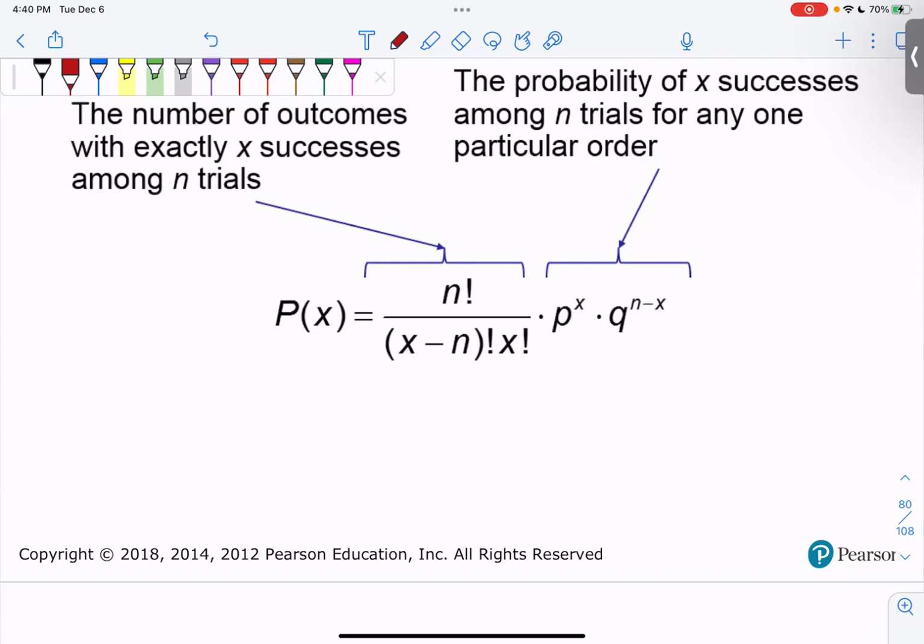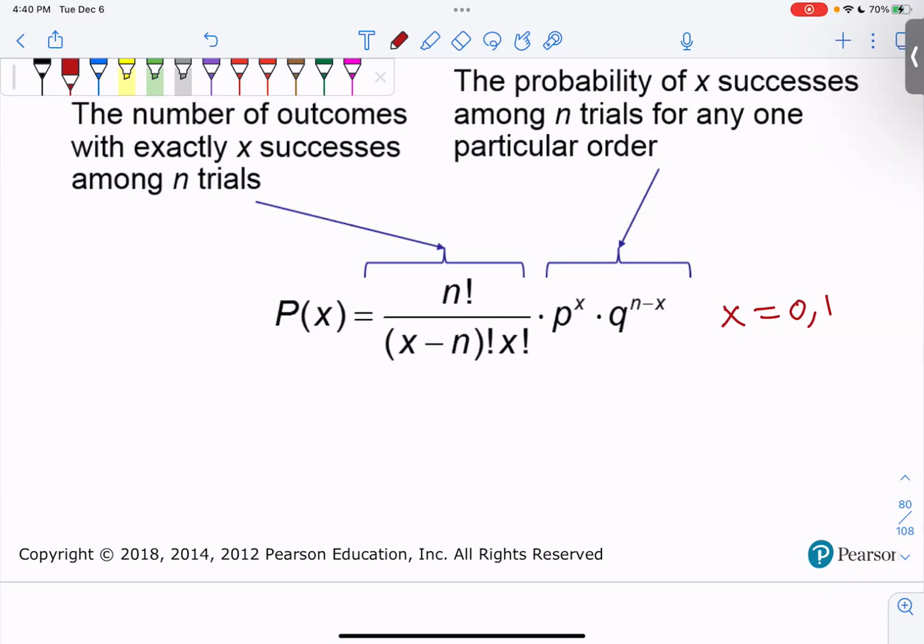If we have one trial, that means x equals 0 or 1, right? I'm interested in getting a head. So with one trial, if I get a tail, then the number of heads equals 0. If I get a head, then the number of heads equals 1. I mean, yes or no?